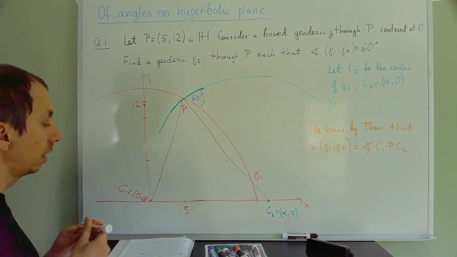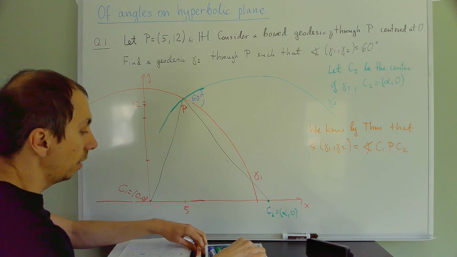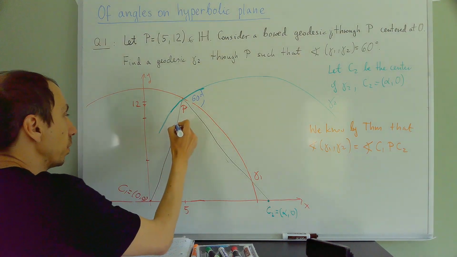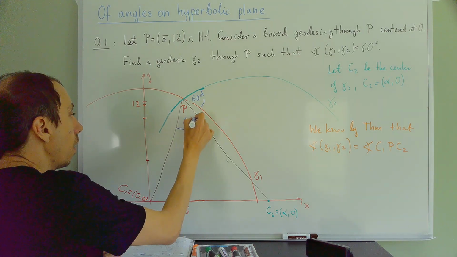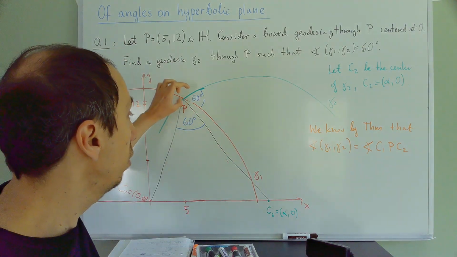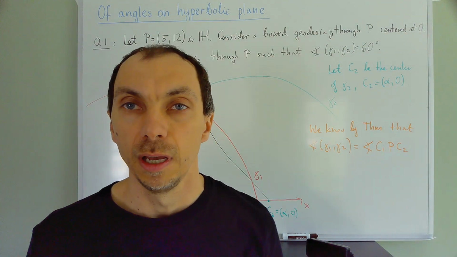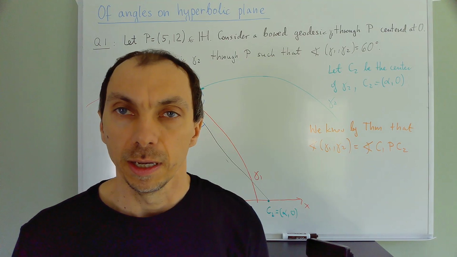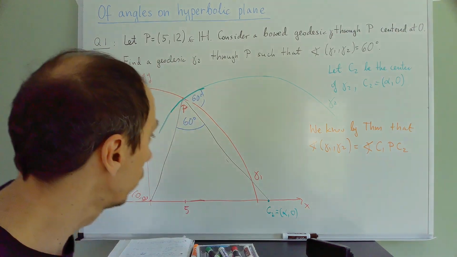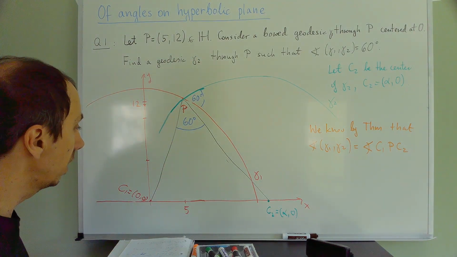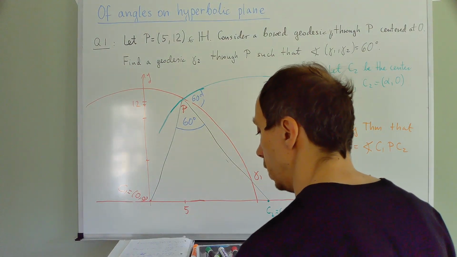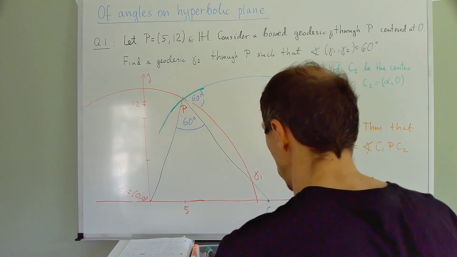It's that angle that is also 60 degrees. That's what makes that theorem quite useful, because it translates these angles between curves into something very familiar, namely angles in triangles. So this angle is 60 degrees.